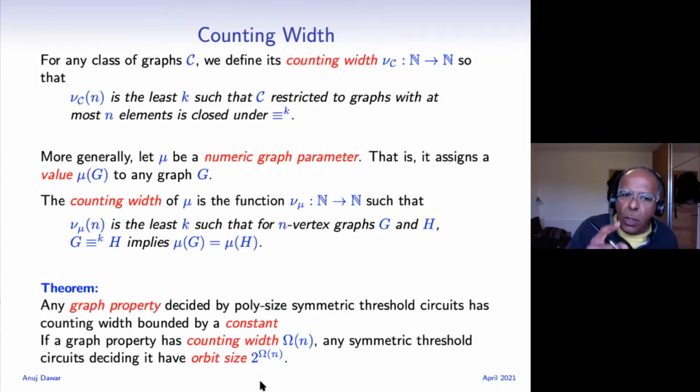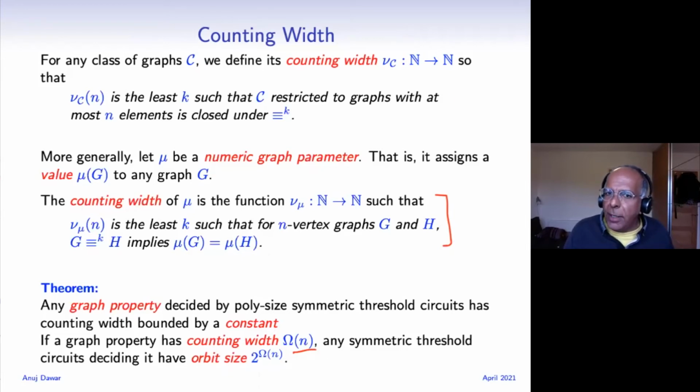Okay. With this, our lower bound for the permanent really boils down to proving that the counting width of the permanent as a graph parameter, or the counting width of the number of perfect matchings in bipartite graphs, is bounded below by n, some constant fraction of n.